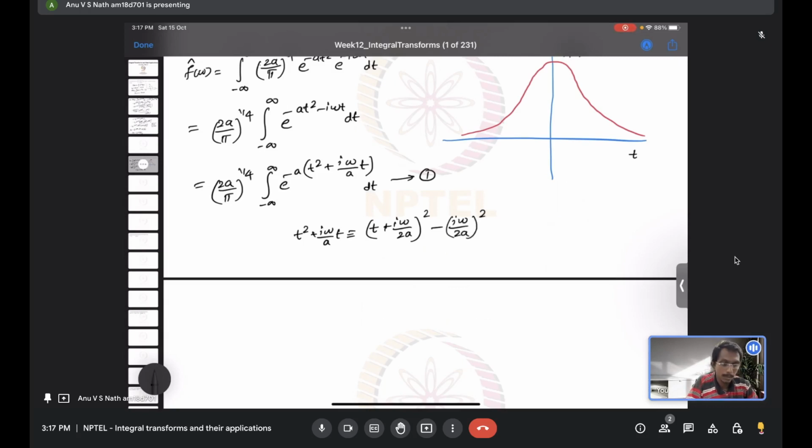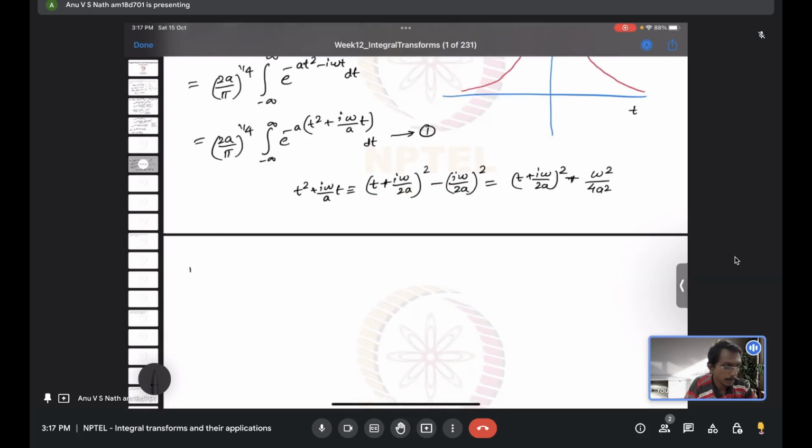I guess it is obvious that this is indeed the form of completing squares. So we can write this as t plus i omega by 2a the whole square, not minus, it's plus omega square by 4a square. We substitute that back in equation 1.